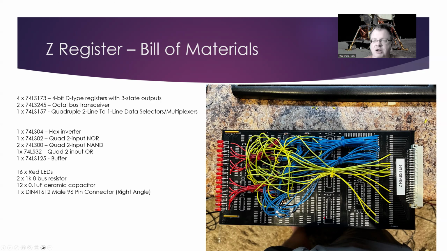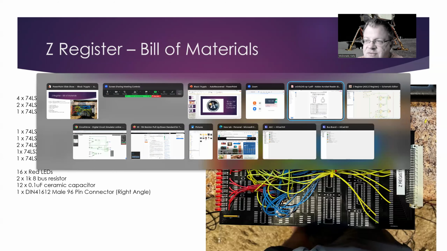So I created these more modular boards so that I can populate all the components and then use wires to connect them all together. So it's a combination of a prototype breadboard and a printed circuit board to hold everything together. Okay, I'm just going to switch over to the circuit itself.